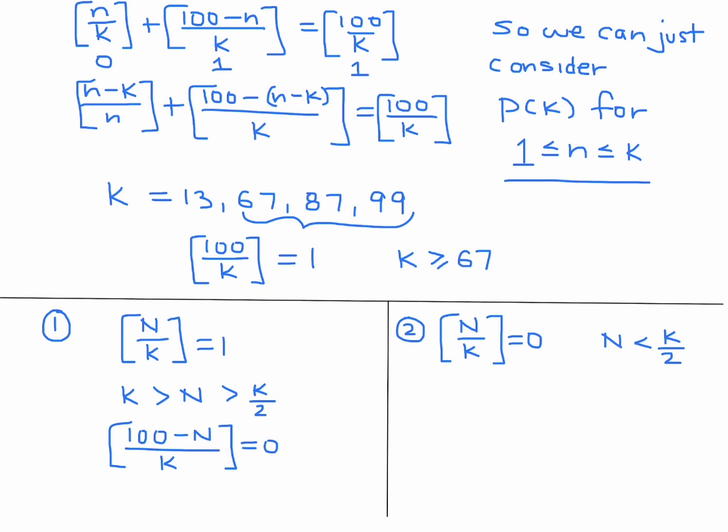If n is less than half of k, n over k will be less than a half, and the closest integer to that is 0. Now we have to set this equal to 1. So that means 100 minus n over k is going to be equal to 1. So these are our two scenarios, and let's talk about these.